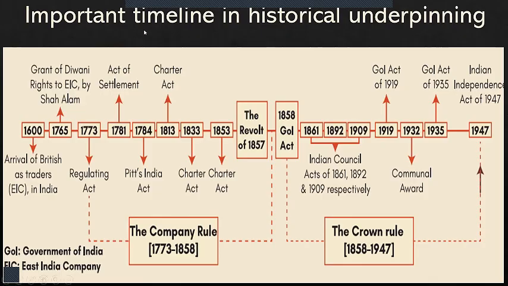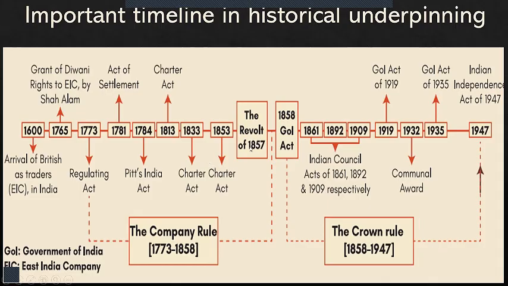In Hindi we say charter or char. So these Charter Acts are four in number, and every Charter Act has a difference of 20 years between them. That's how you can remember. One Charter Act happened in 1793, between Pitt's India Act and the Charter Act of 1813. So remember it like that.